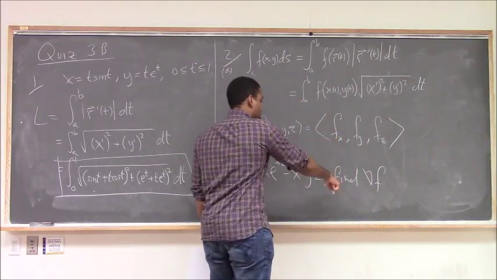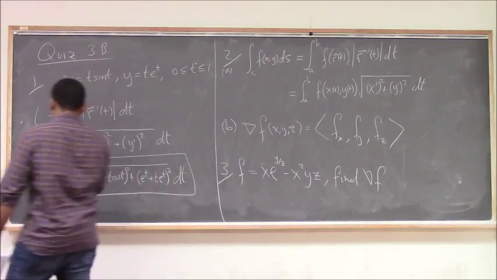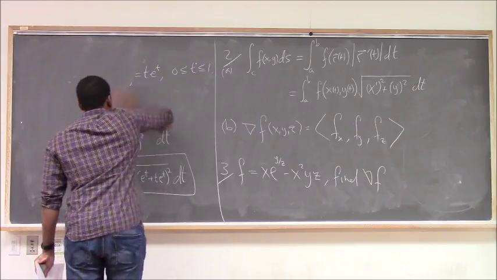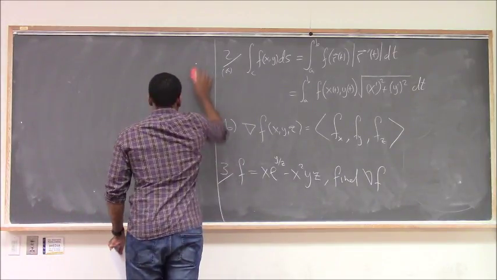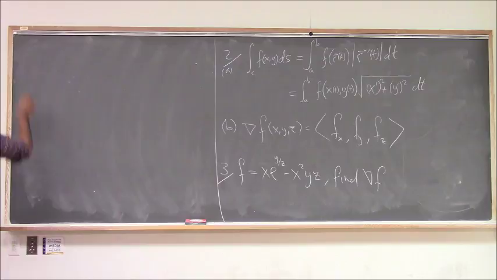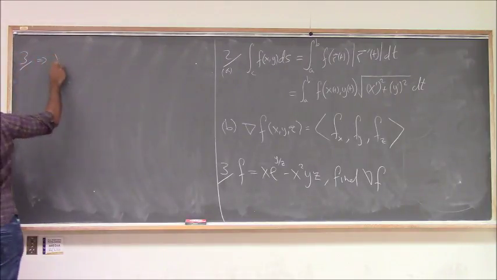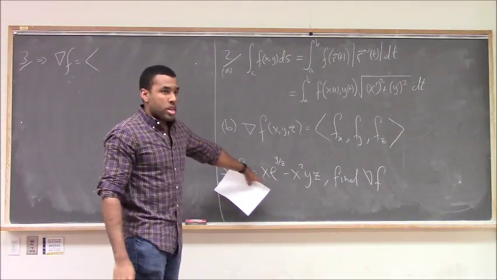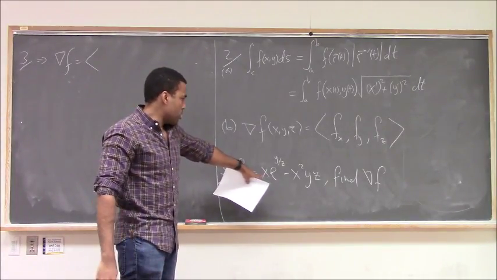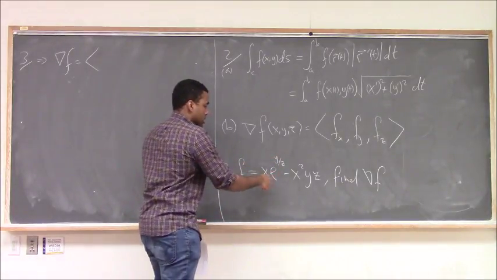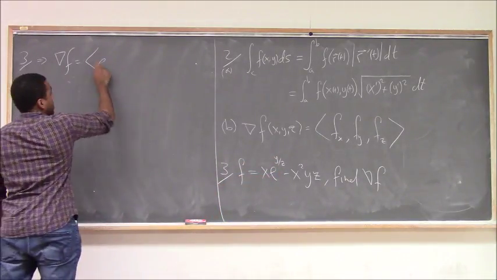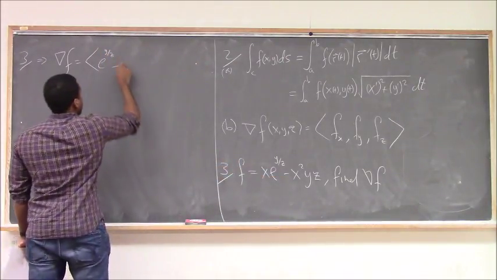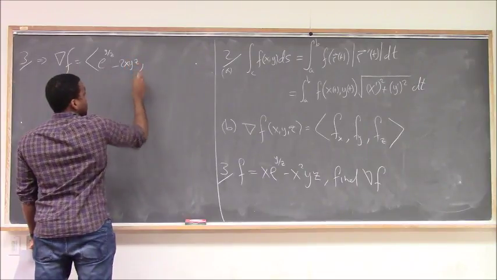So you just apply this formula to this function. So we take the partial derivative of this with respect to x. This guy's just a constant, so it's just that guy. Partial derivative of that with respect to x is that, comma.